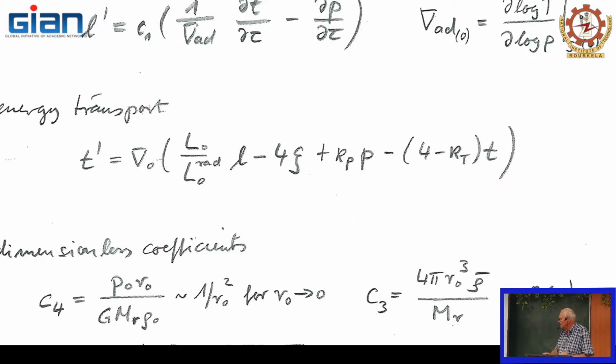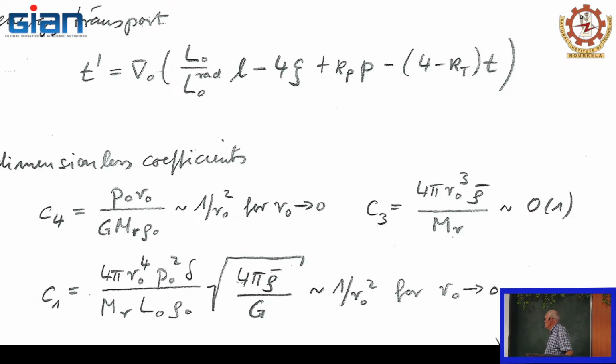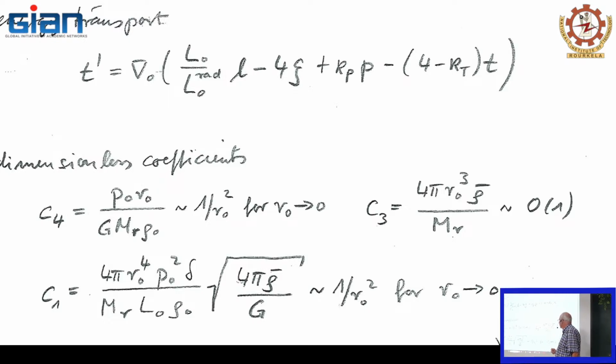So what are these dimensionless coefficients? Let's go first to C3. C3 measures, in some sense, the mean mass contained in a volume of radius r0 to the actual mass contained in a volume of this size. So it's some kind of mean mass divided by the actual mass coordinate.